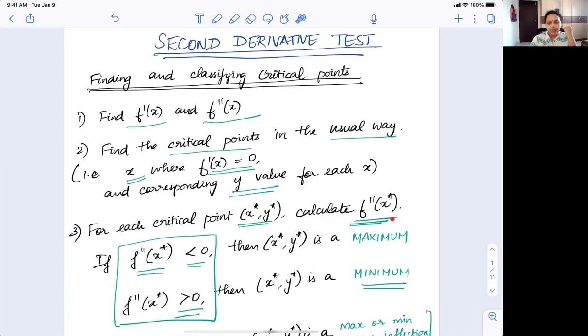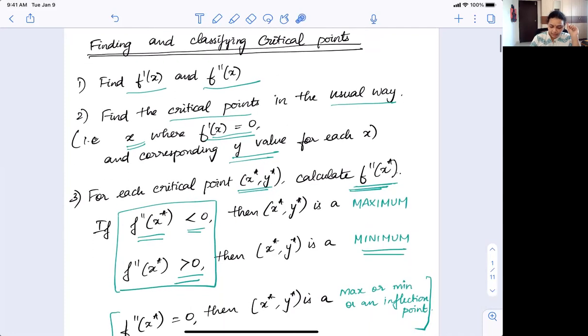Compute f double prime x at the value given by the critical point. So you plug this particular value x star into f double prime x and compute f double prime of x star. If this expression is negative, then you're dealing with a maximum point. If f double prime at x star is positive, then you're talking about a minimum point.